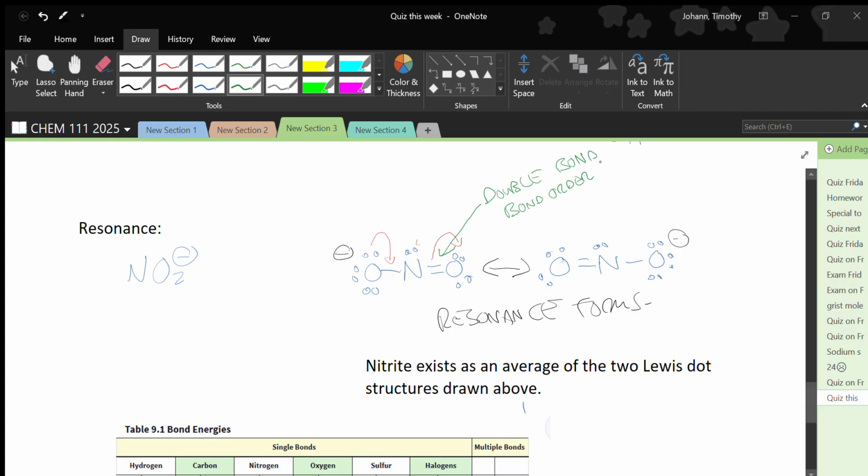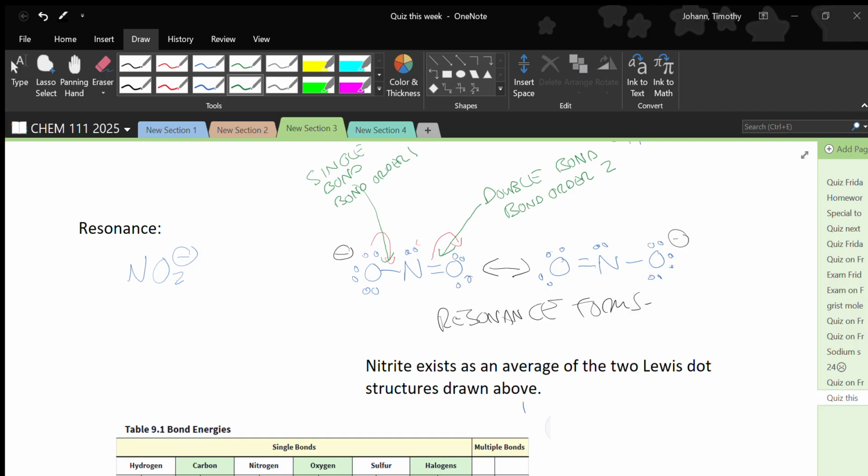And so a bond order of 2 means it has 2 bonds. All right, pretty simple concept. This is a single bond, and it has a bond order of 1. One bond. Pretty easy, right? Nothing complicated, just a different way of referring to a single bond or a double bond.